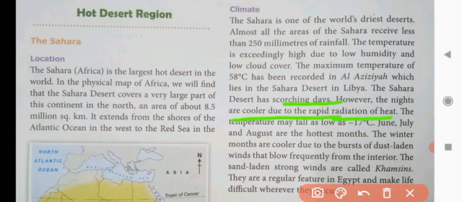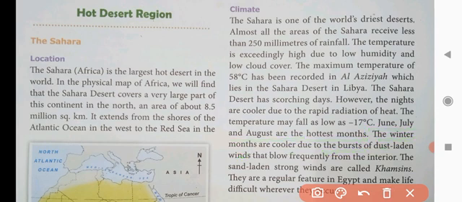So the temperature falls down rapidly at night, and it goes minus 17 degrees Celsius. Here June, July and August are the months which are the hottest, and the winter months are cooler due to the burst of dust.